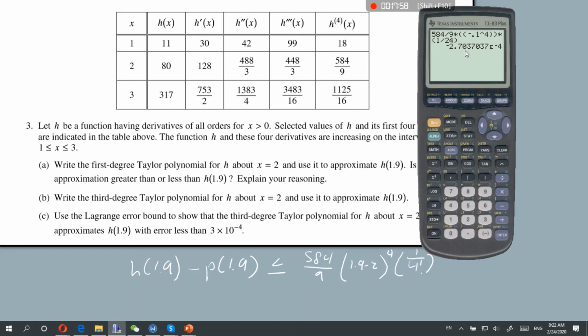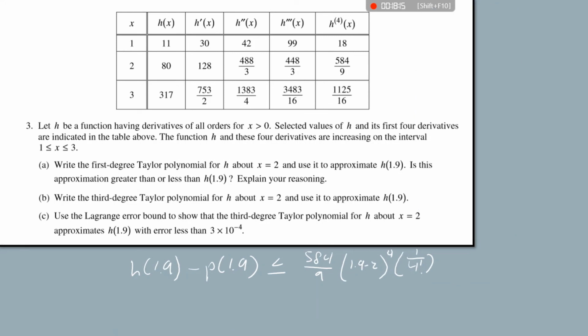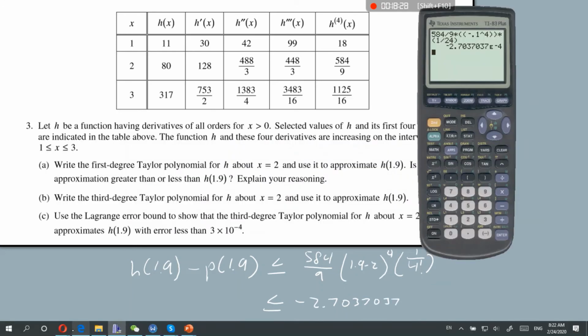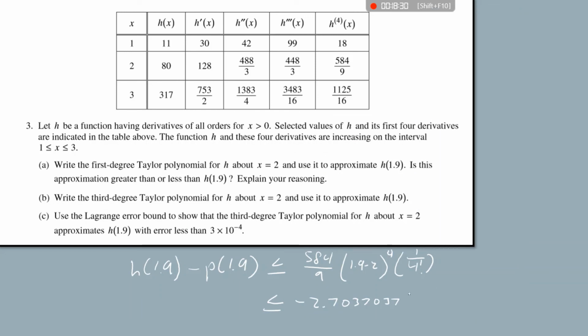Okay, that's 2.7037 times 10 to the negative fourth. So that's less than or equal to 2.7037 times 10 to the negative fourth power. That did repeat there, right? Yeah.